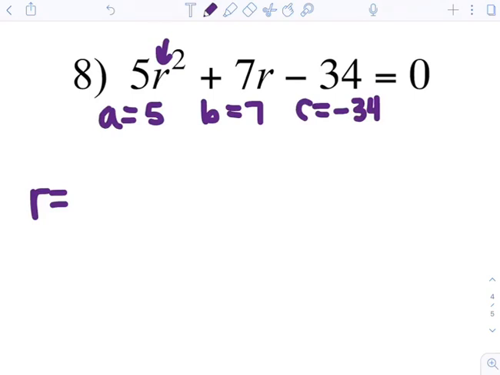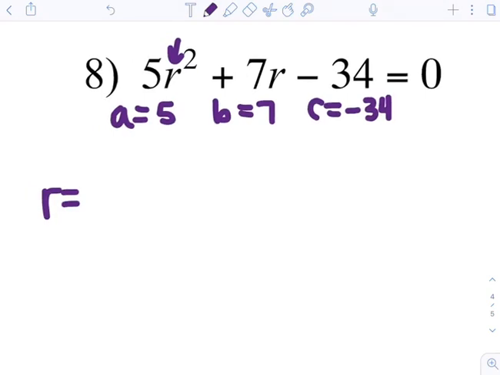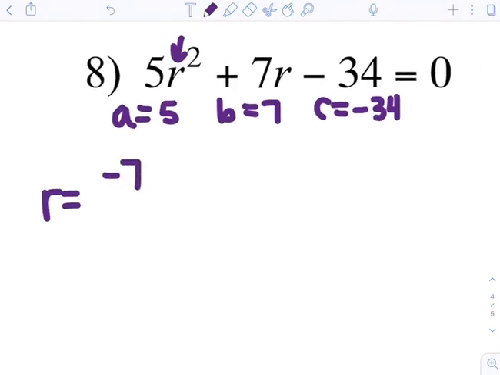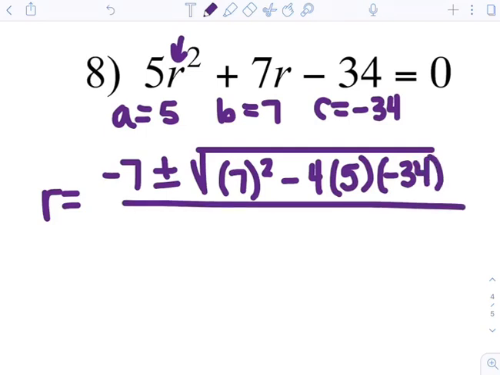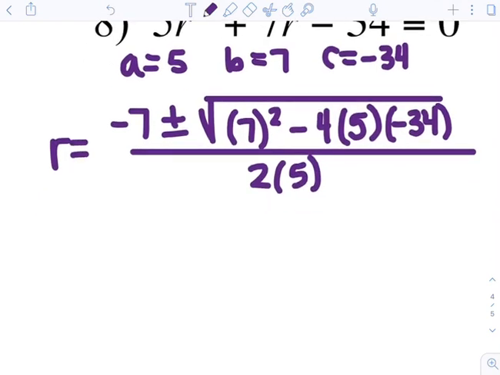So r equals the opposite of b. So the opposite of positive 7, that's negative 7, plus or minus the square root of b squared, so 7 squared, minus 4 times a times c, all over 2 times a.